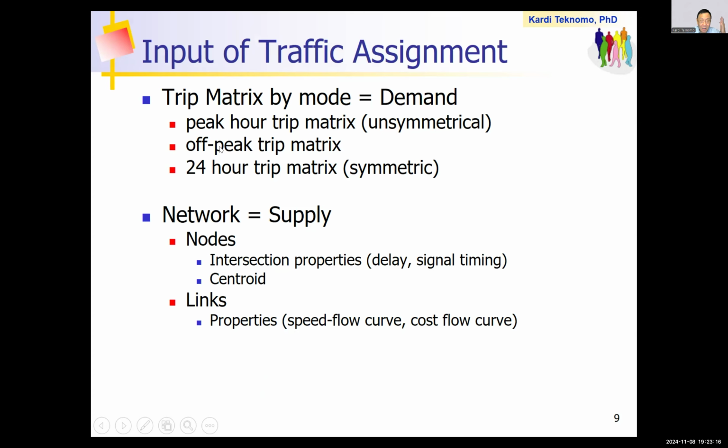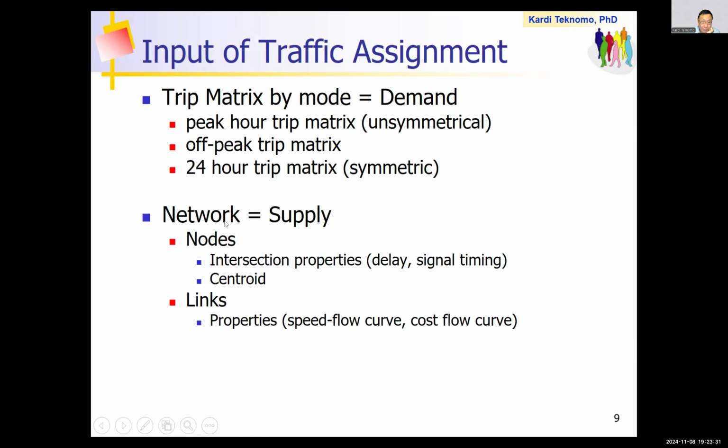So you will have two peak hours, in the morning and in the evening. But if you use 24-hour trip matrix, usually they are symmetric, because when people go, usually they come back. Yeah, they need to go home.